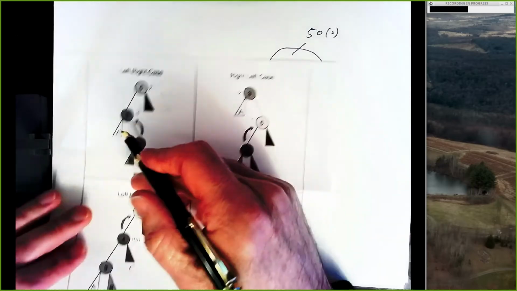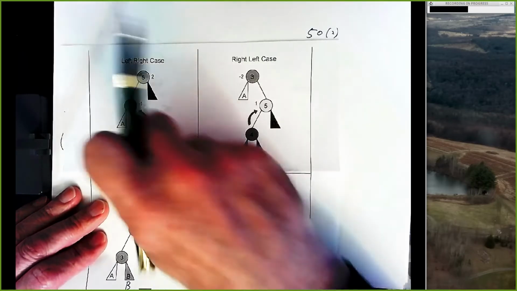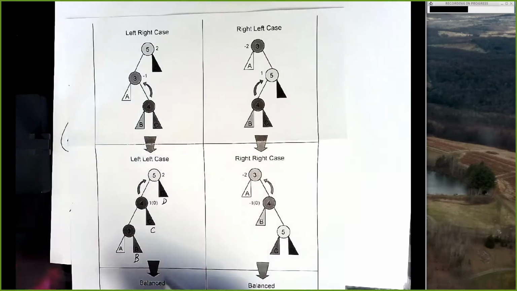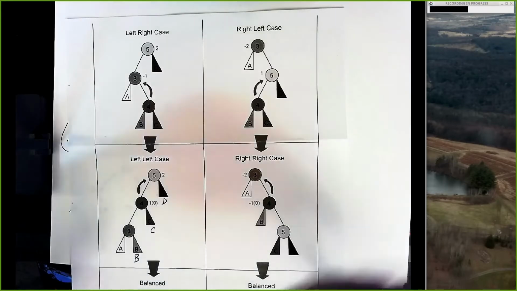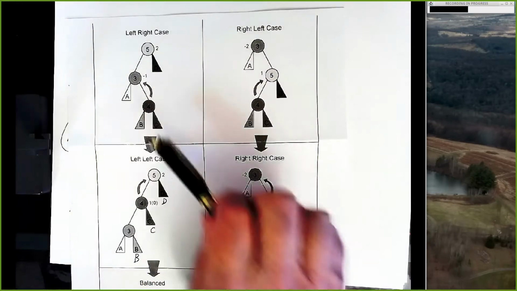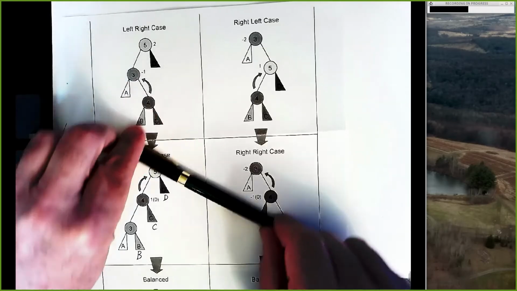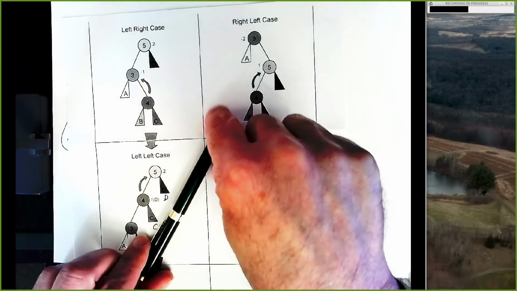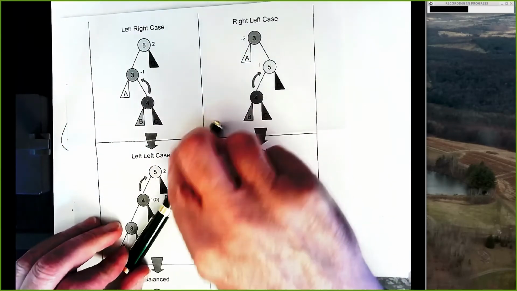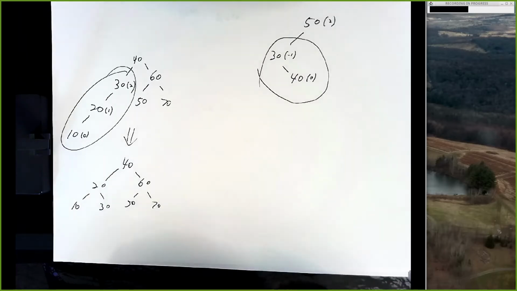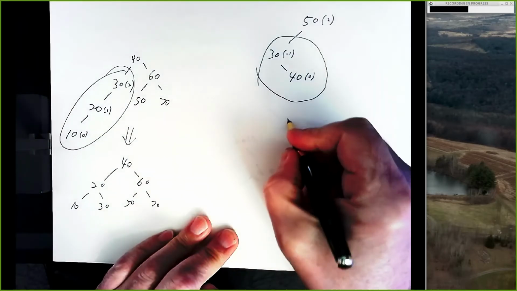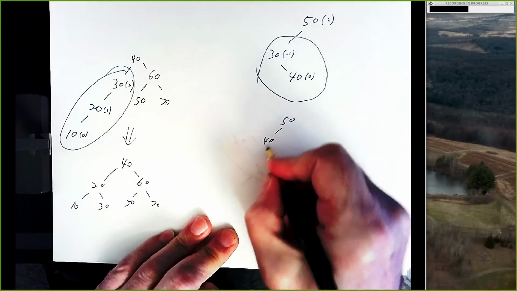The adjustment between nodes 3 and 4: we swap them, bring 4 up to the root and bring 3 down to the left. That's pretty easy in this case. We end up with just 50, 40, 30.